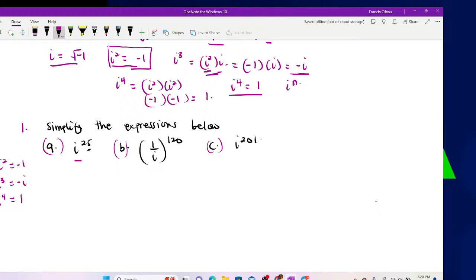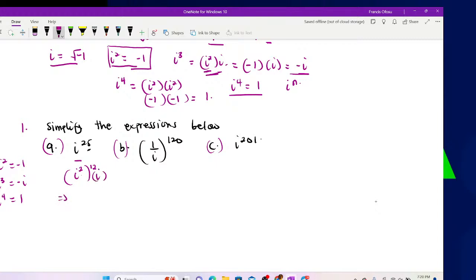Now, I will take something like I squared. You write your I squared, then you ask yourself, what number times 2 will give us 25? The highest number we get is 12. So 2 times 12 is 24, and there will be a remainder of 1. Meaning you get one I standing out here.